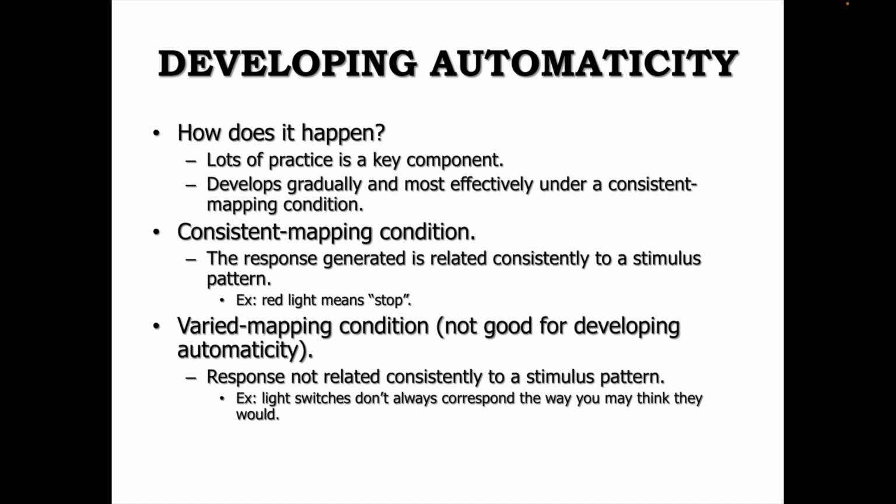It could turn on a fan, or turn off a fan. It could dim a light, or make the light brighter. It could maybe open a garage door. It might unlock a door. So basically, switches don't always correspond exactly the way you think they would. Therefore, flipping a light switch might develop less automaticity compared to stopping for a red light.